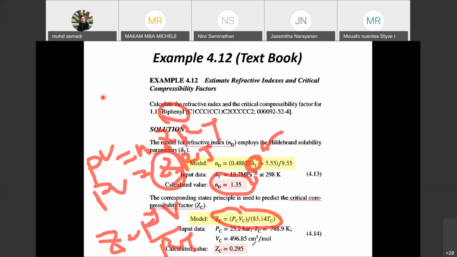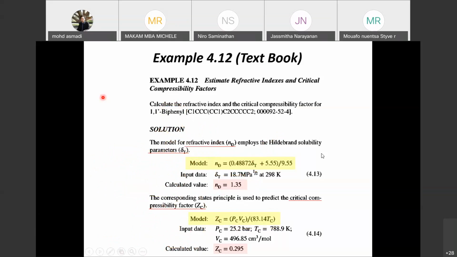Just substitute all the information you can get from the data, or from the CAPEC database, and you can get the compressibility factor. This is the critical compressibility factor. So I think mostly you need the knowledge of chemical engineering thermodynamics.